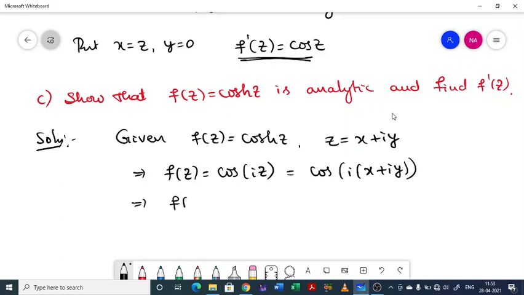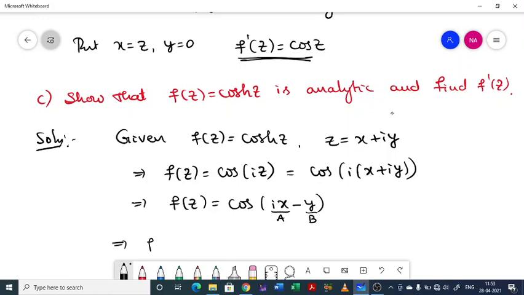So we got f of z equal to cos of ix minus y. I have to treat this as a and this as b. Use the formula for cos of a minus b, that is cos a cos b plus sin a sin b.